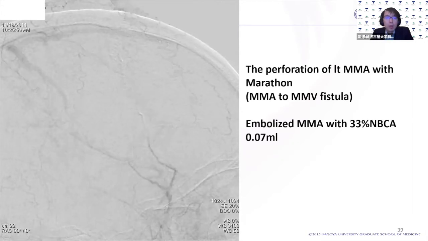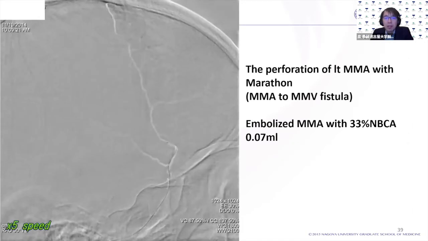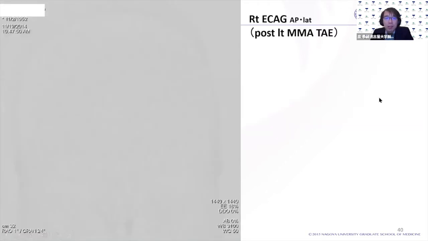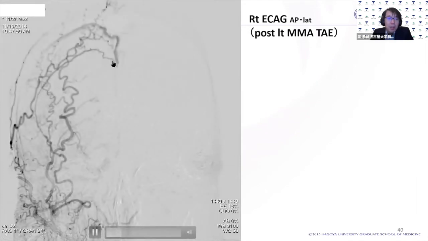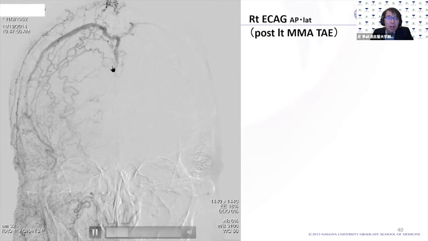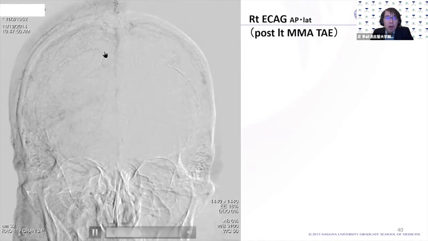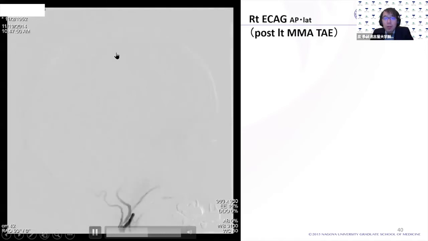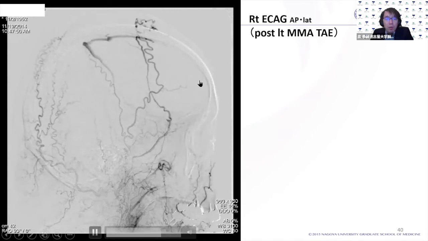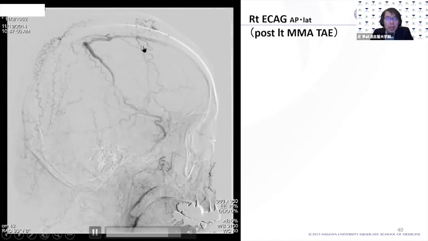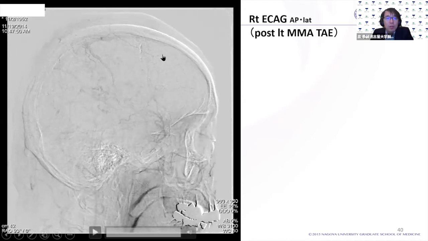So the remaining contralateral side is a very, very important artery, and the right MMA can opacify the whole dural AVF after embolization of the MMA. So we can see it is very well opacified.